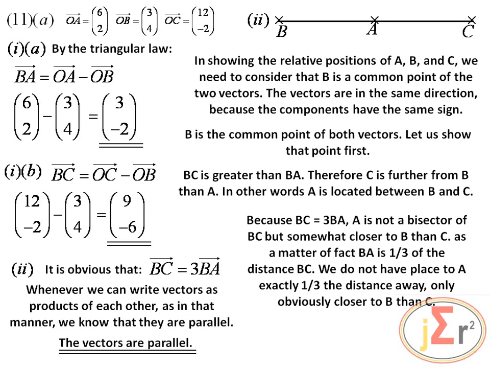We do not have to place A exactly 1/3 the distance away, only obviously closer to B than C. So A should not necessarily be placed exactly 1/3, but a little bit closer to B than C. That is more indicative of their relative position.